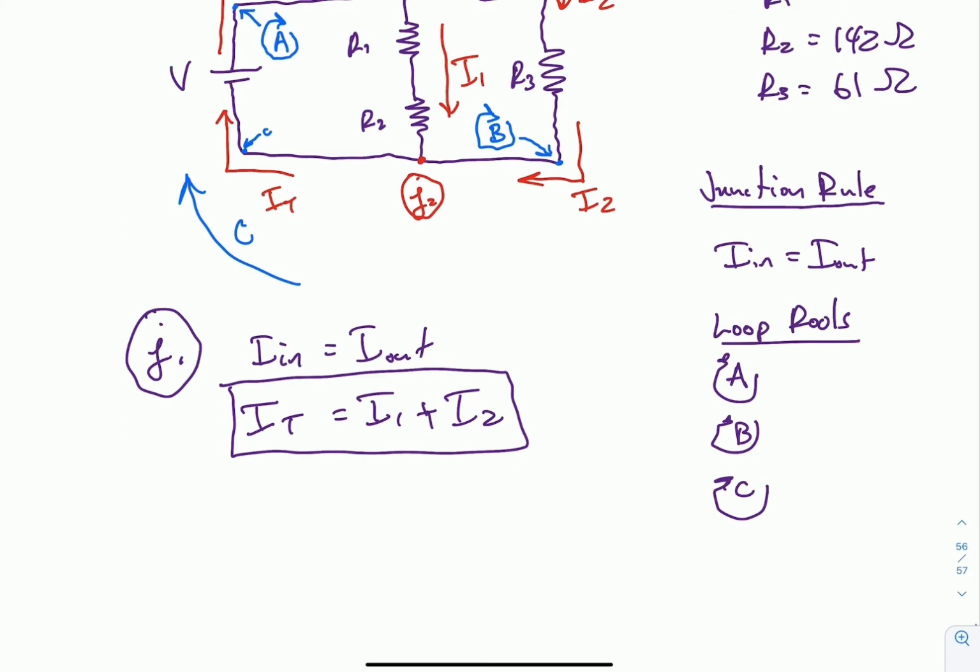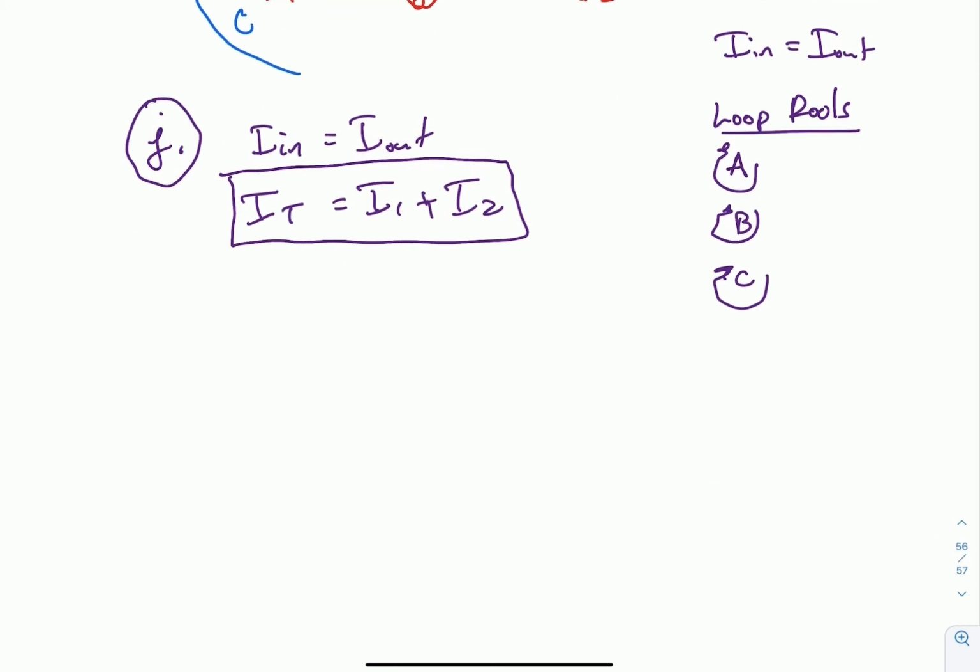But just because this is practice, I'm going to go ahead and determine all 3 equations for these loop rules, keeping in mind that the loop rule is that the sum of the voltages around loop A must be 0, the sum of the voltages around loop B must be 0, and the sum of the voltages around loop C must be 0.